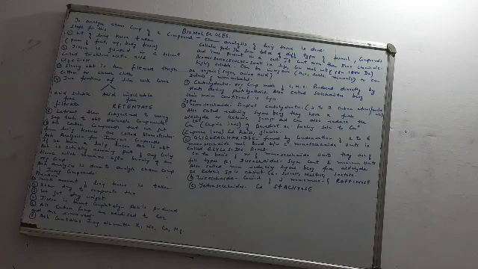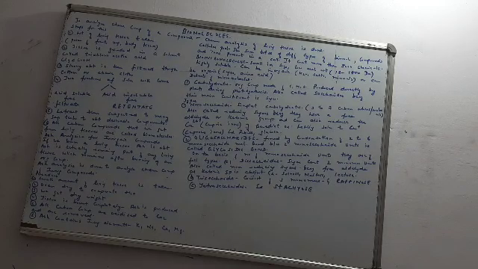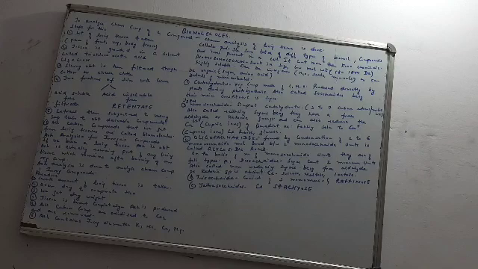Ash is the remaining part of any living tissue which remains after burning of an organic compound. You will find that some part is left behind, and that is what we call ash. How do you define ash? The remaining part of any living tissue which remains after burning of an organic compound.